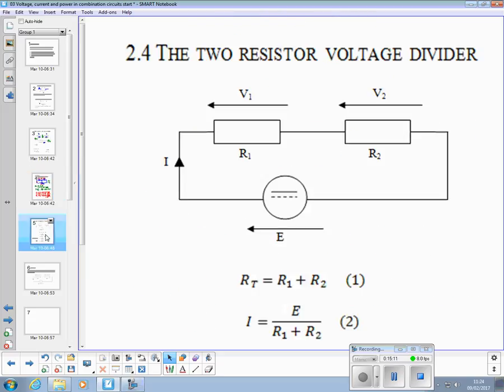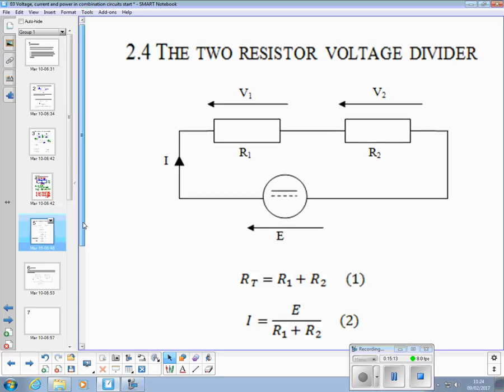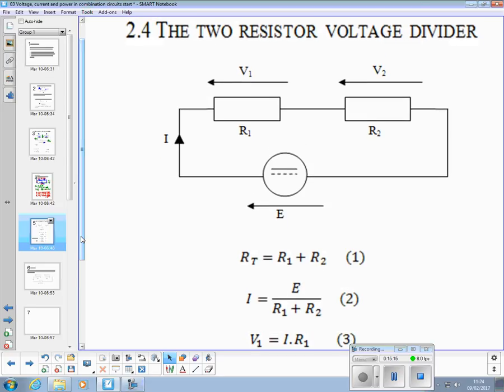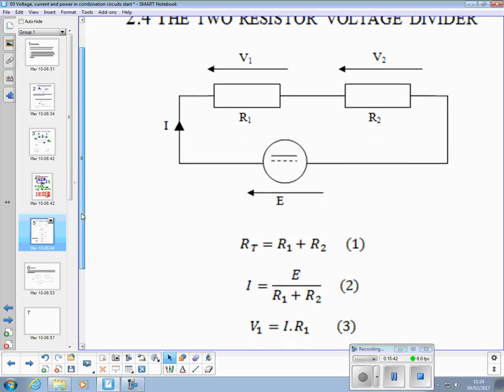What have we got on my next slide? Okay, so there is a formula for the two resistor voltage divider. That means you can do the calculation for V1 and V2 in one go, and in some calculations later on in electrical principles, you may need to do that.